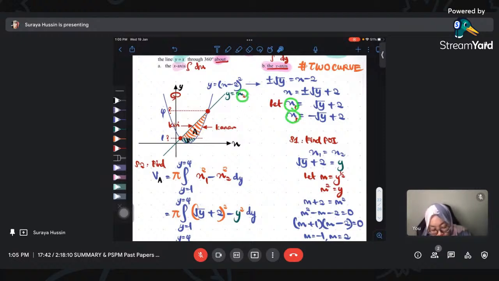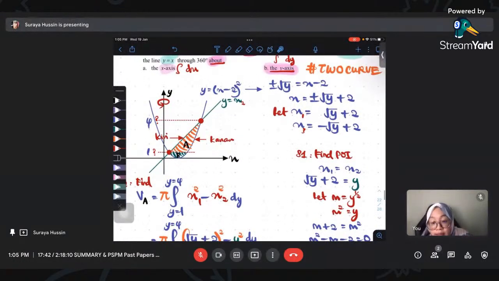Kenapa Miss pecahkan jadi 3X? Sebab dia memang ada 3 function of X yang berbeza. Function X yang berbeza yang pertama adalah yang ini, yang positif. Okay, yang positif function ni tak sama dengan yang ini, betul tak?